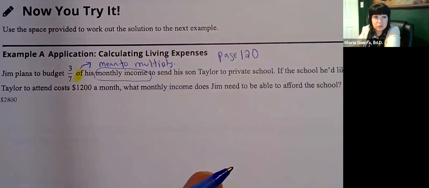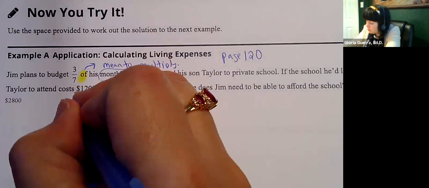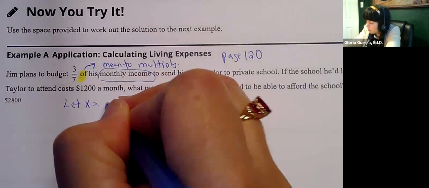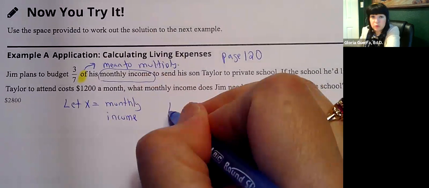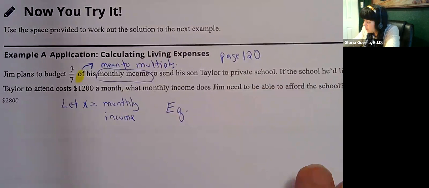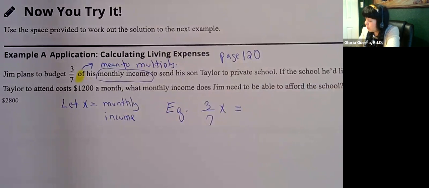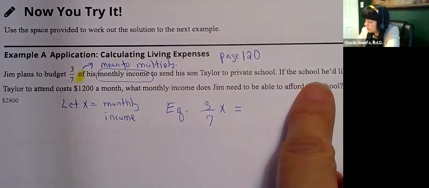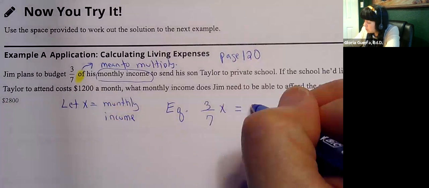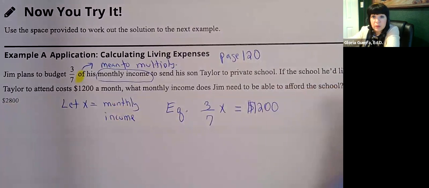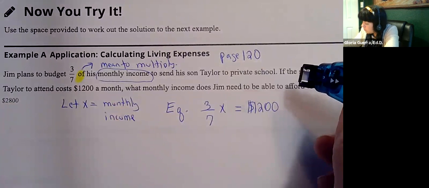So, and this is just the answer we're supposed to get. That's kind of an answer key. So I can start off by saying, okay, let's let X equal the monthly income. Okay, and then you want to set up your equation. EQ will stand for equation. So you're going to take 3/7 times X. That's his monthly income. And then it's going to equal. So if the school he would like Taylor to attend costs $1,200 a month, okay, then what monthly income does Jim need to be able to afford the school?